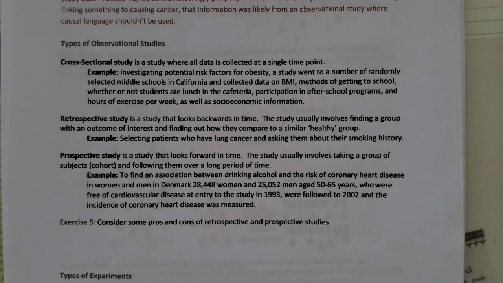For example, for retrospective study, there is a recall bias, because sometimes it's just hard to recall what exactly you did, and a lot of times how we feel about things affects what we remember.